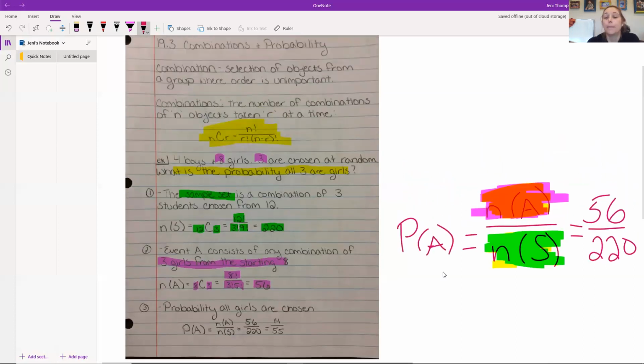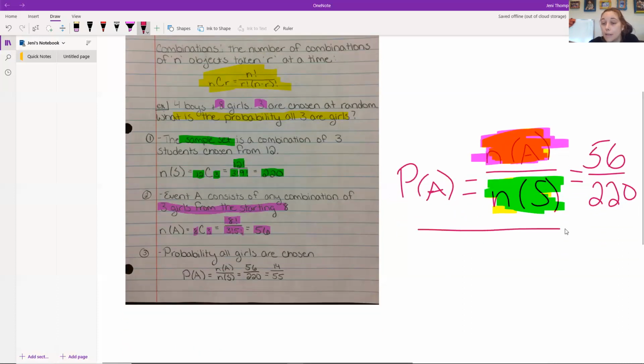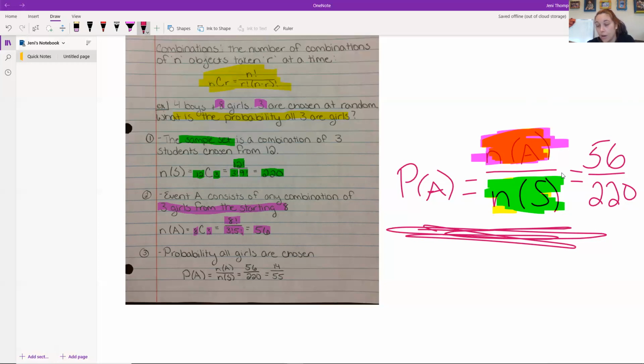On your homework, it's mostly these questions where you're going to need to find the probability of some events. You're going to need to find your number of possible outcomes for your event, or your n of A, and your n of S, all possibilities in the sample set.